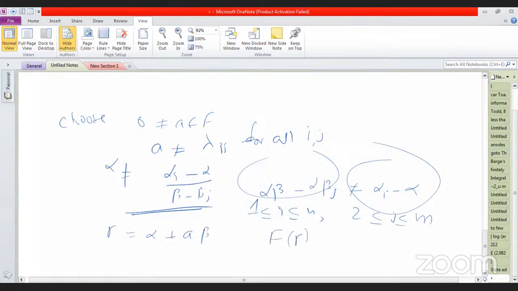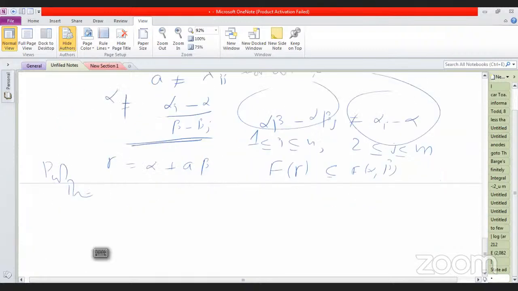Therefore clearly we know that F(gamma) is a subset of F(alpha, beta). Earlier we learned that. Now put h(x) equal to f(gamma minus ax), which belongs to F(gamma)[x].